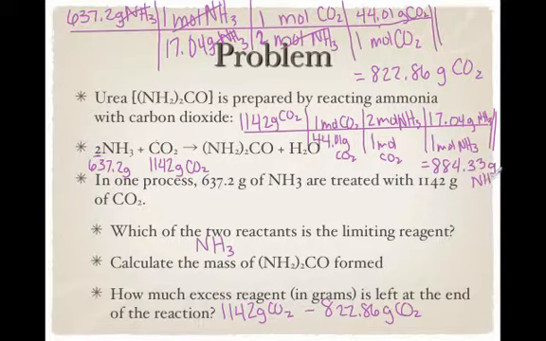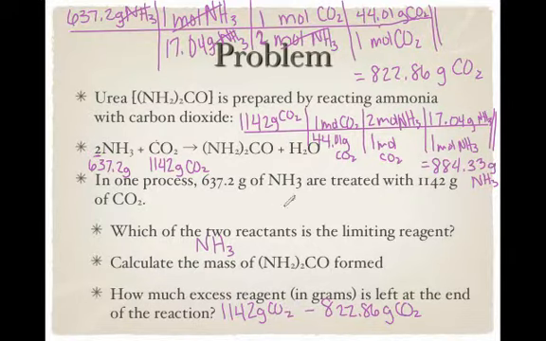So it's saying that if we reacted all of this carbon dioxide, 1,142 grams, we need 884 grams of ammonia. Do we have 884 grams? No, we only have 637. So either way, you'd still get ammonia as your limiting reactant.